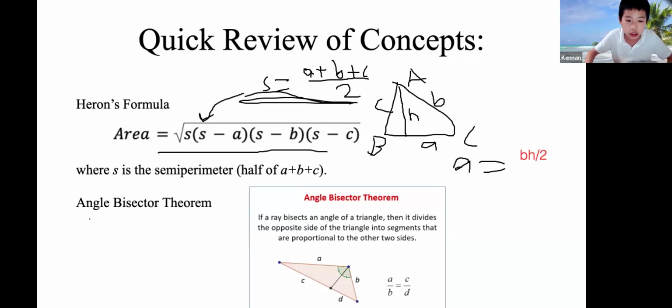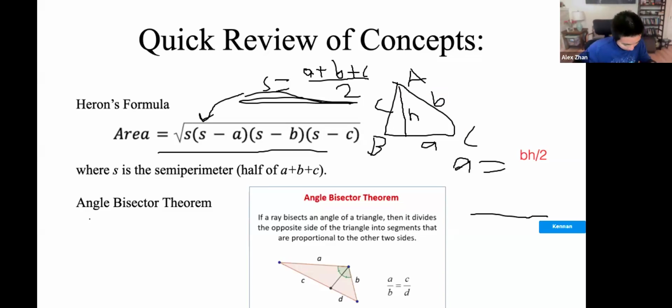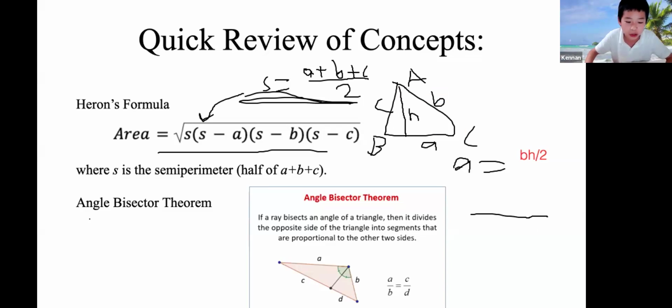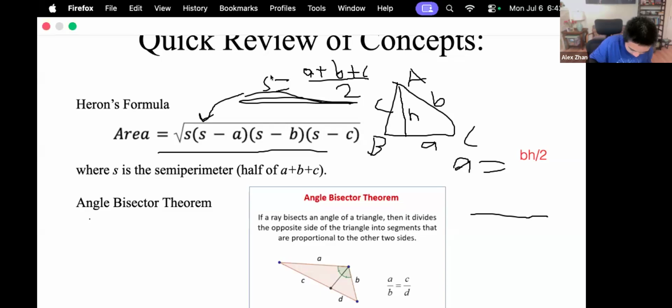First of all, we set up some equations. Kennan, do you need me to open a new whiteboard? I can quickly open a new whiteboard if you need one. Yes, probably just open a whiteboard, it seems we're running out of room. Give me one moment.